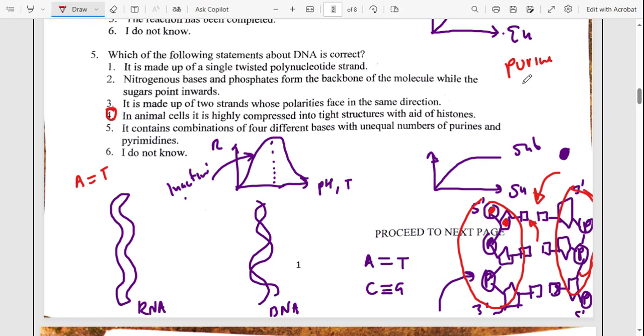PAG, pure as gold. So purines have got adenine and guanine. For pyrimidines, for me I use put C, put C. Pyrimidine, you have got uracil, thymine, and cytosine. It's just that in DNA you don't have uracil. So you only have these two, thymine, cytosine. So when you have got one purine, you're supposed to have one pyrimidine. If you have got two, you're supposed to have again two pyrimidines.